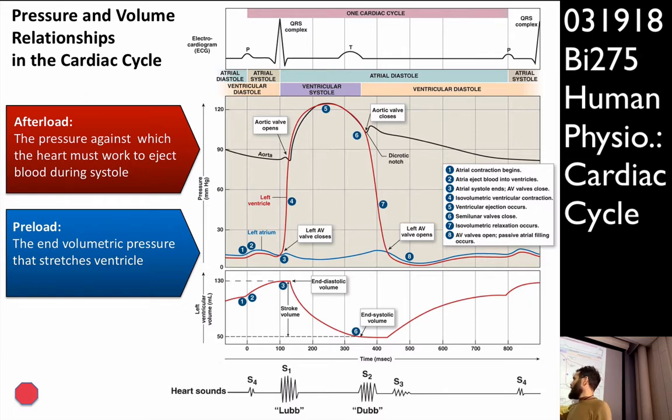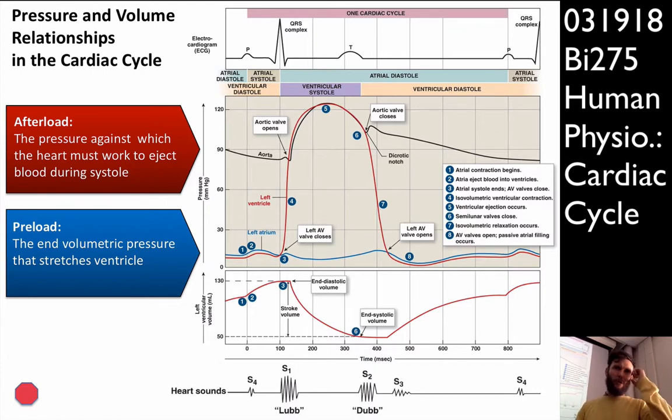We enter atrial systole, where the atrium is beginning to contract and force all the blood that's in the atrium into the ventricle, so it's now in active filling. The ventricle stretches as it's filled actively with blood, and we reach this volume right here. We call this the end diastolic volume. This is the volume in the ventricle at the end of ventricular diastole.